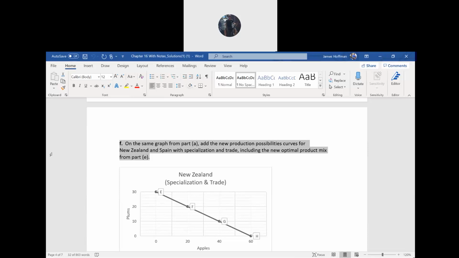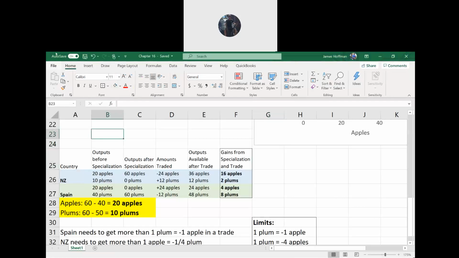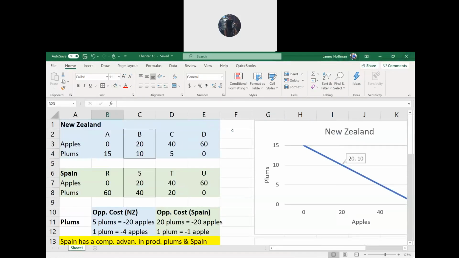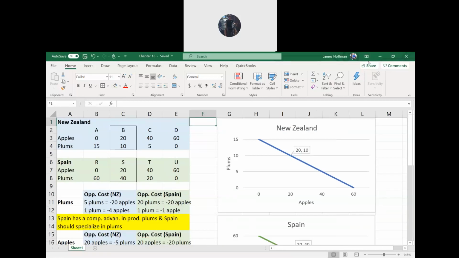Okay, so back to the spreadsheet. All right, so let's make a new table with the options they can get with specialization and trade.